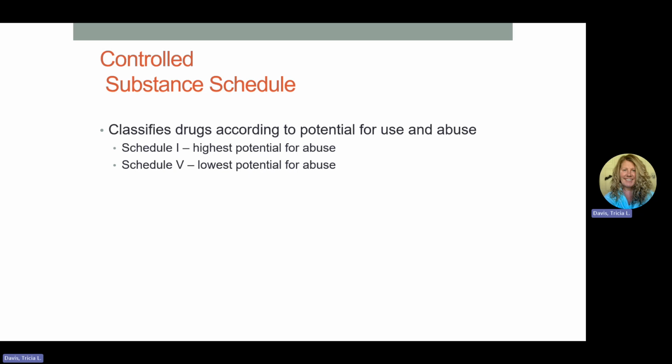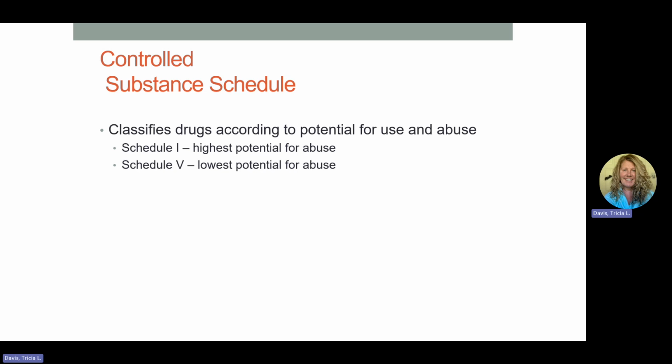All right, some of the medications that we give are going to be considered controlled substances. So controlled substances are going to be a way for us to classify drugs according to their potential for use and abuse. So what is the likelihood of someone becoming addicted or dependent on these medications?